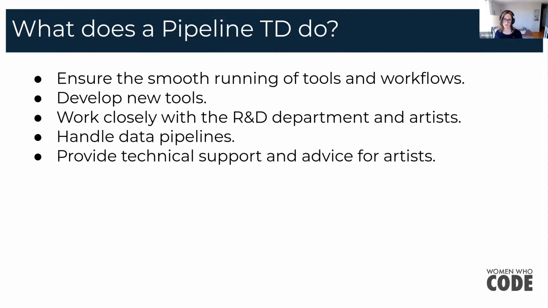And usually that's done very closely with the R&D department. You have software engineers who are more specialized in R&D working in one department, and pipeline would be the other department. So we're the ones who implement the research into actual tools that can be used by the artists.